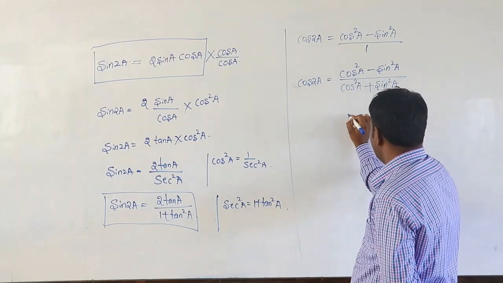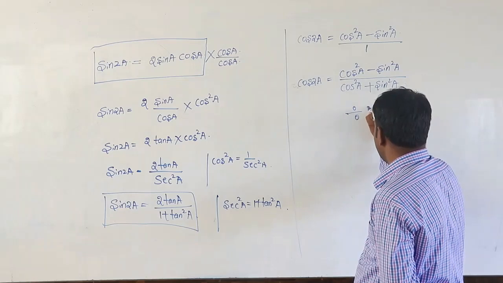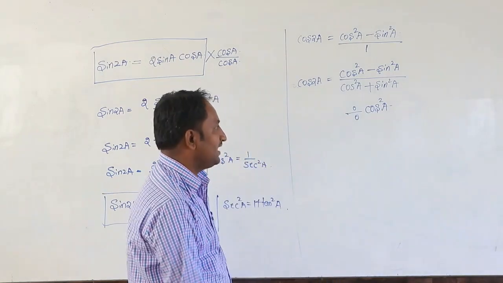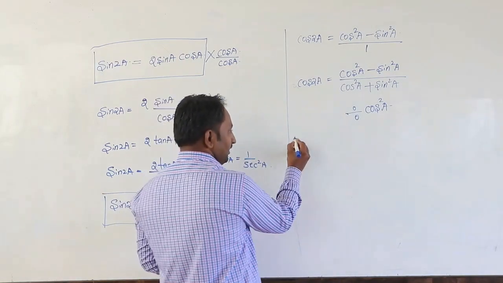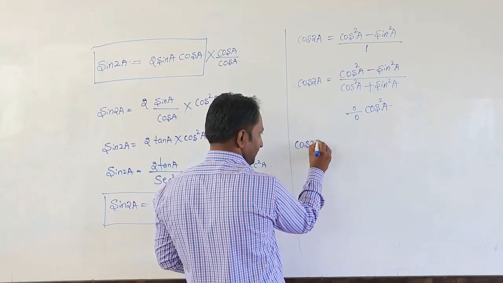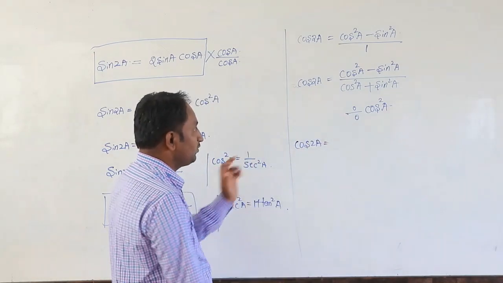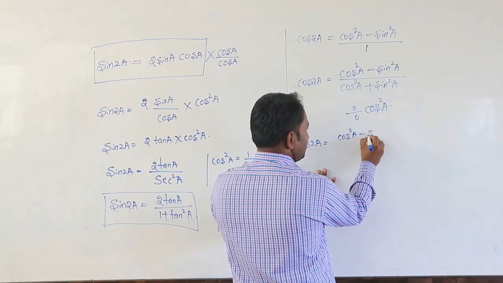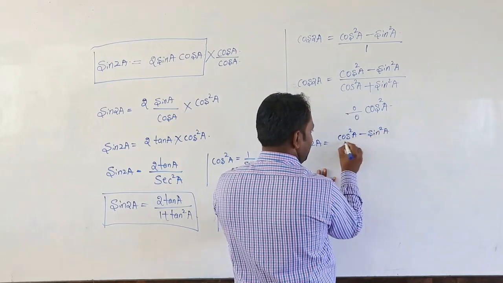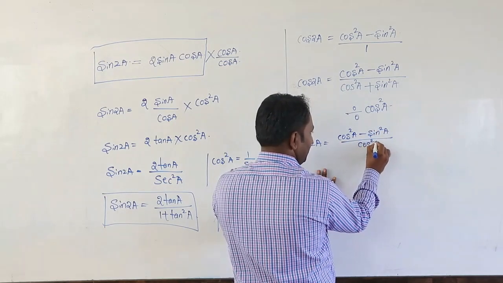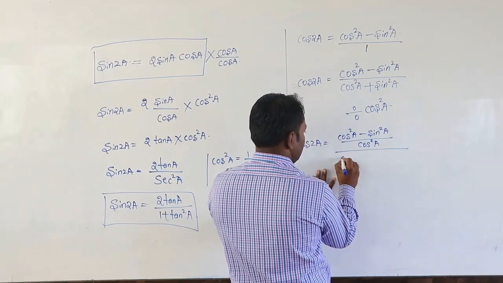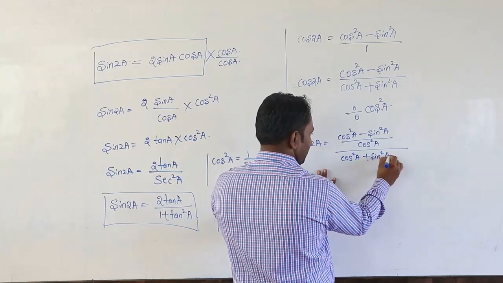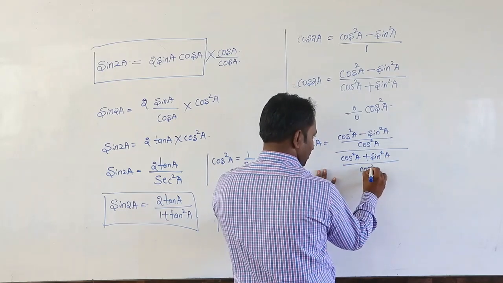Then divide the numerator and denominator by cos square a. Cos of 2a is equal to cos square a minus sin square a, whole divided by cos square a, over cos square a plus sin square a, whole divided by cos square a.